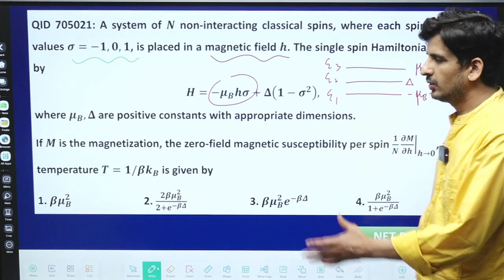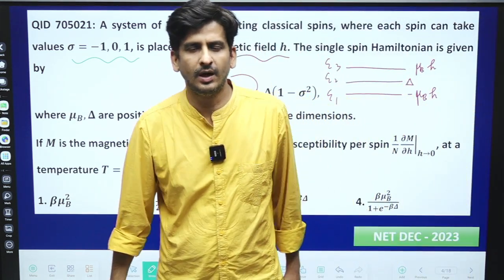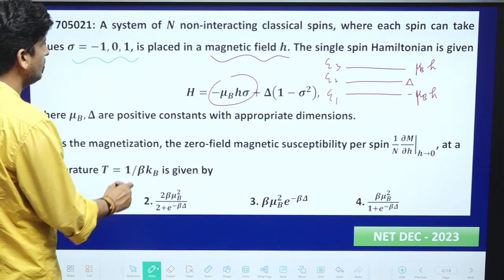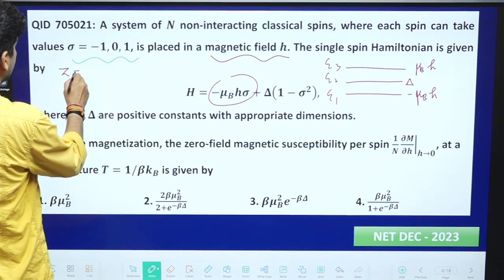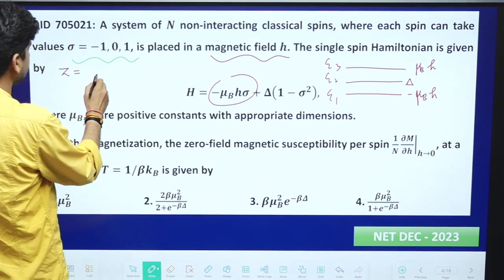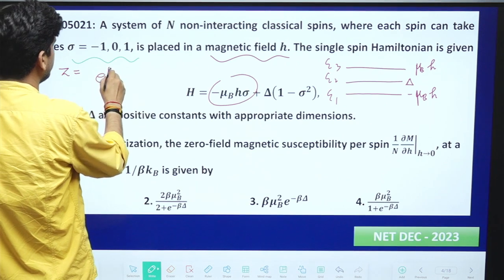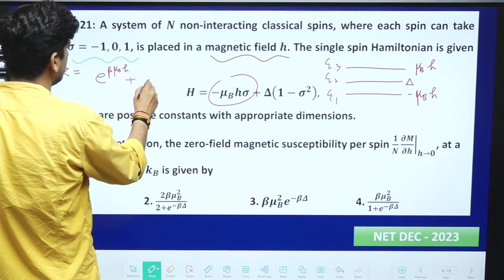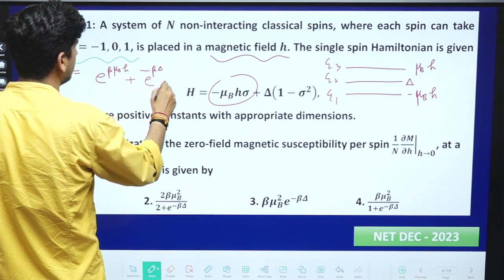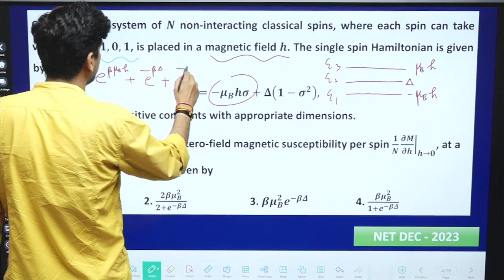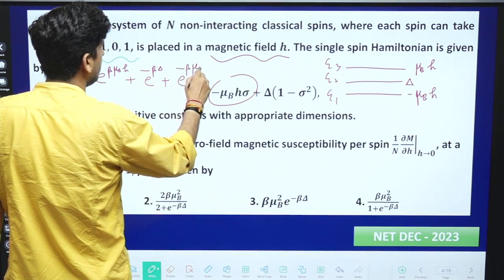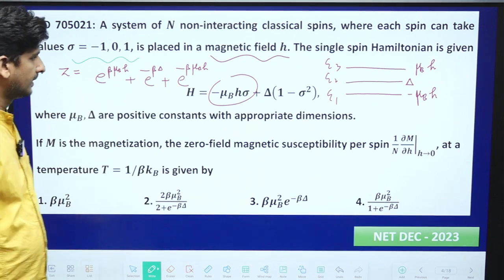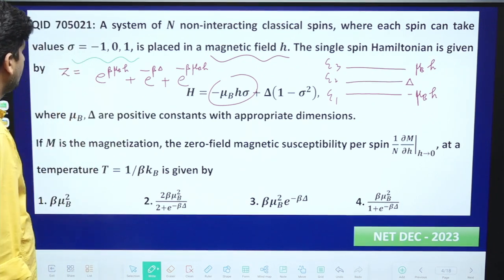The rest of the thing we already know how to do. Once it is a 3-level system, you calculate the partition function Z, given by e to the power beta mu_B H plus e to the power minus beta delta plus e to the power minus beta mu_B H. The steps are very clear.